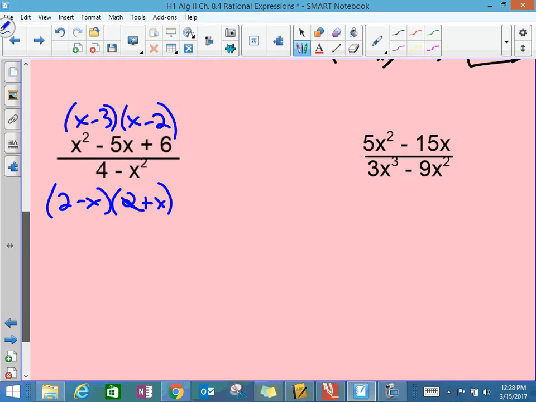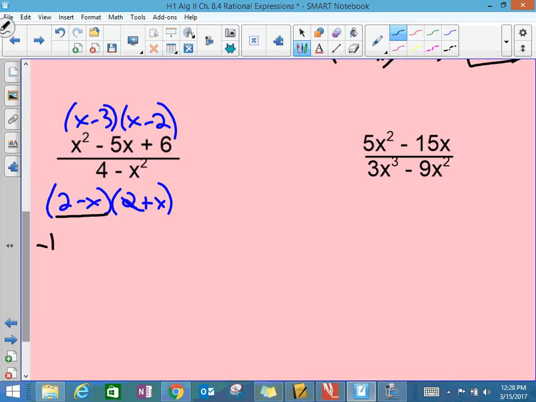Okay. So if we want to change the sign of everything, what number do we normally use when you want to change the sign of everything in a phrase? -1, right? So what we can do here to get these to cancel is think about taking out a -1 as a GCF.